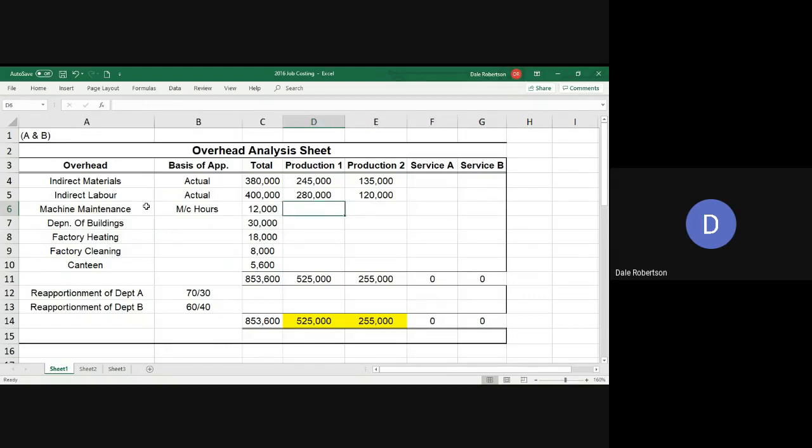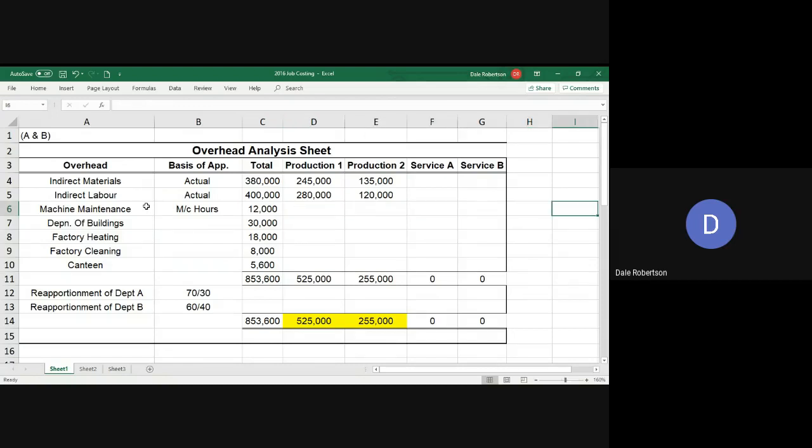So you look at the machine hours in the question and you see that the total is 50,000, and that is split 3:2, or 30,000 and 20,000. We need to split our 12,000 3:2, or 30:20, as the question does.